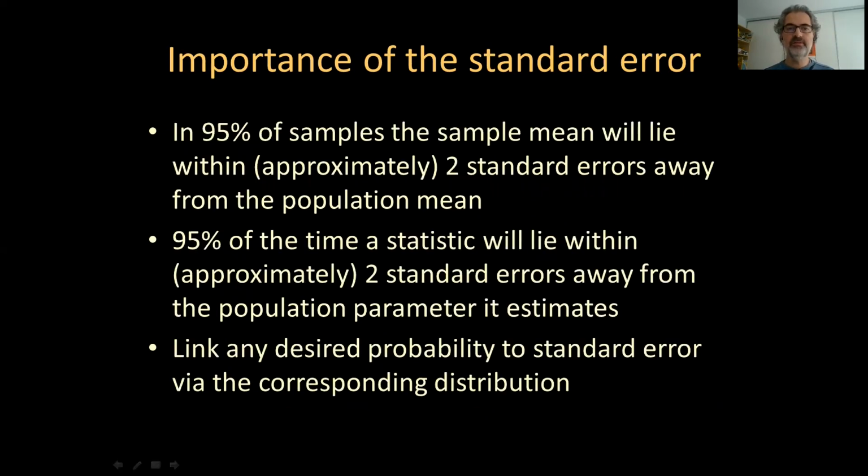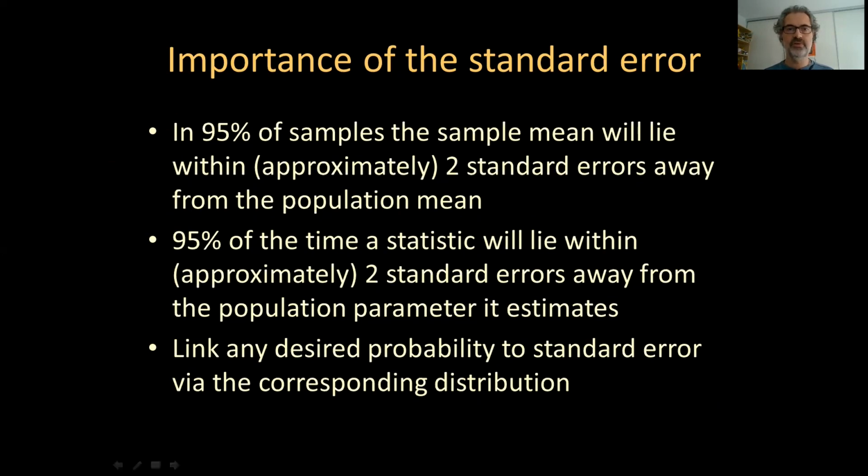The importance of the standard error lies precisely in the link to probabilities, because of this magical sentence here. In 95% of samples, the sample mean will lie within about 2 standard errors away from the population mean.